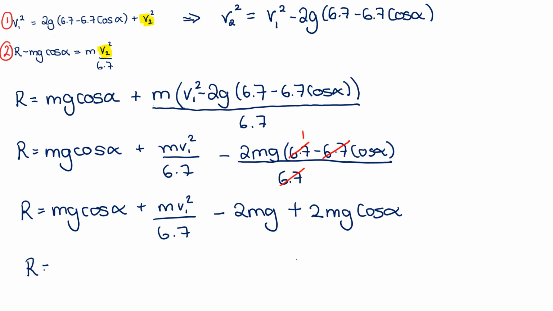Our reaction then is 3mg cos alpha minus 2mg plus mv1 squared over 6.7. Cleanup is not hugely important here. It's just nice to bring together those mg cos alphas because they do tidy up nicely.